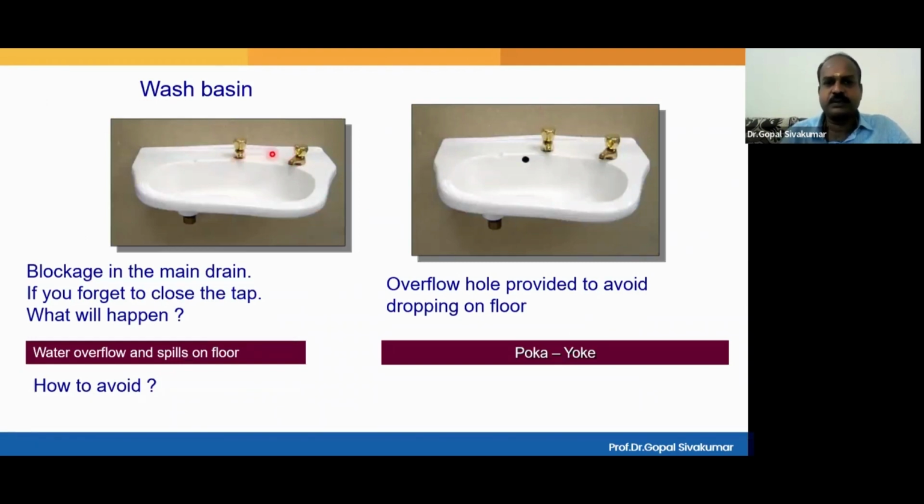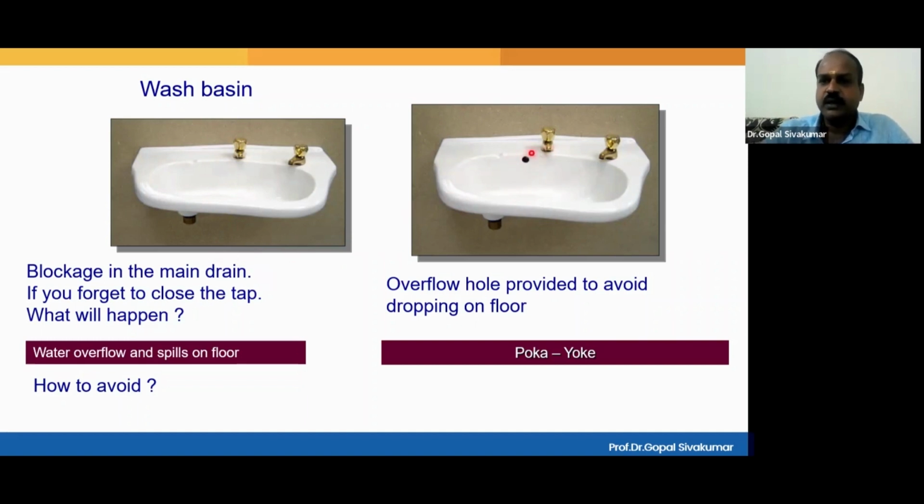See here in this particular kind of wash basin, if for some reason you don't close the tap properly, the water could overflow and then it can spoil your floors. And of course there is a drain hole. Even assuming the drain hole is blocked, then water will spill over on the floor. And in order to avoid these kinds of situations, a small change in the design is made.